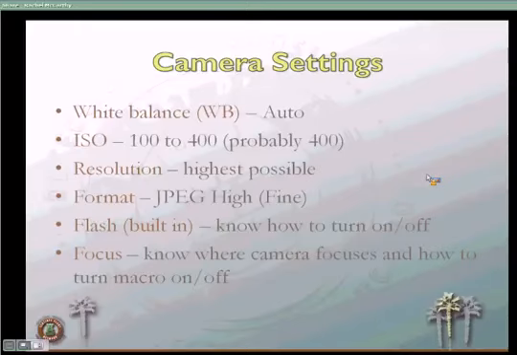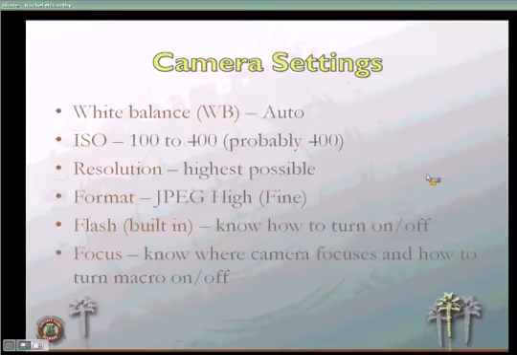There might be up to a dozen different options. For just beginning photography and for what we're doing here with the diagnosis, I would put it in JPEG high, or some camera manufacturers call that fine. This will save the image as a JPEG, which is a compressed format, but if you have it on high or fine, it won't be compressed very much.